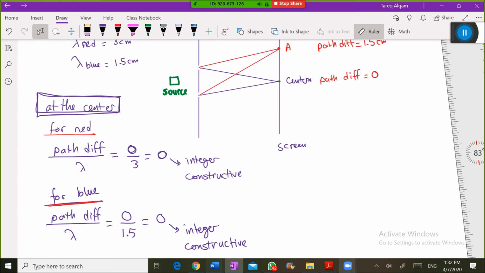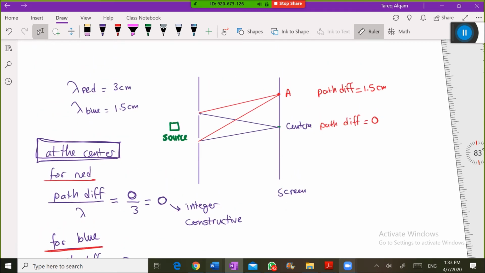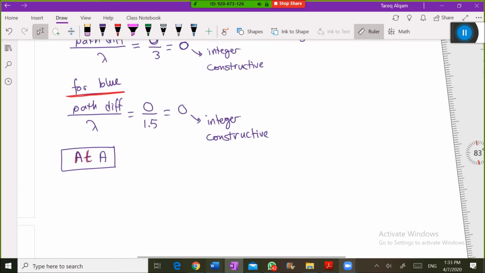Now let's take point A. For red, path difference over lambda: the path difference is 1.5 over lambda of 3. What does this give me? Half. What does this mean, guys?